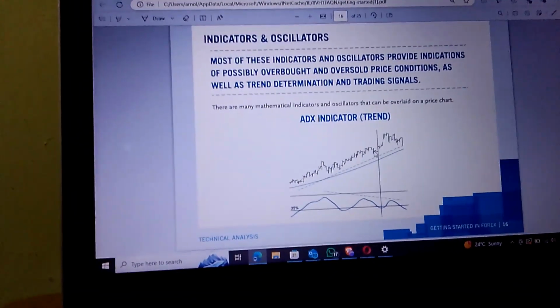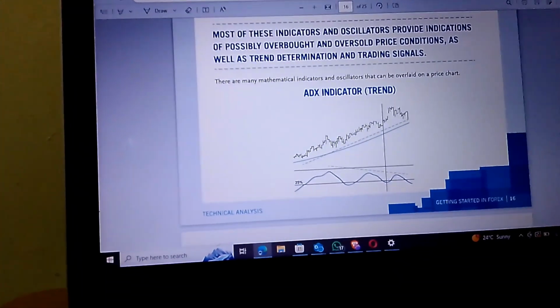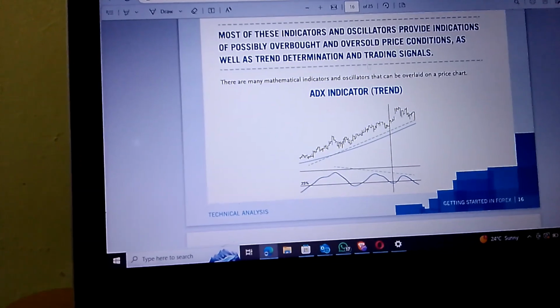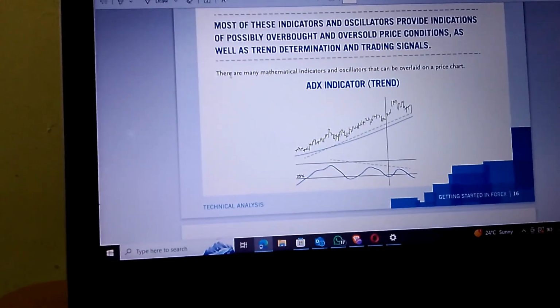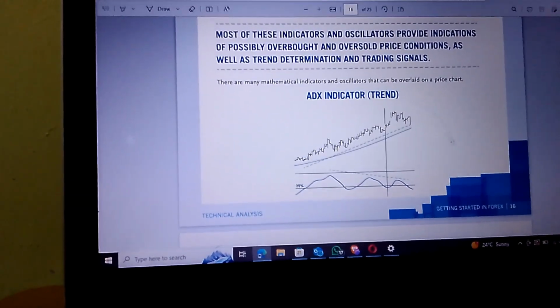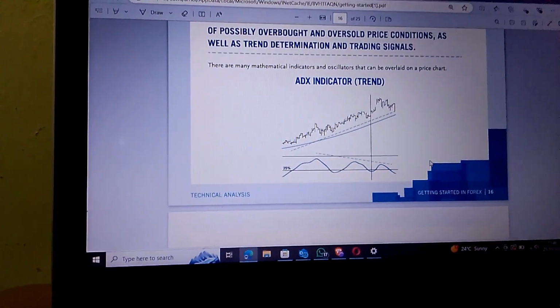So indicators and oscillators. Most of these indicators and oscillators provide indications of possibly overbought and oversold price conditions, as well as trend determination and trading signals. There are many mathematical indicators and oscillators that can be overlaid on a price chart.